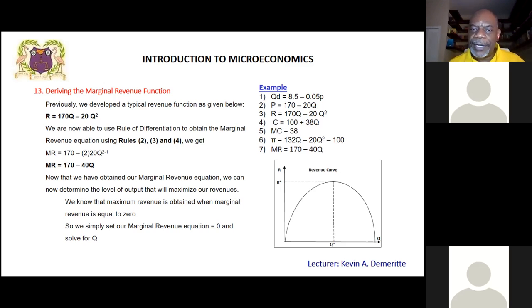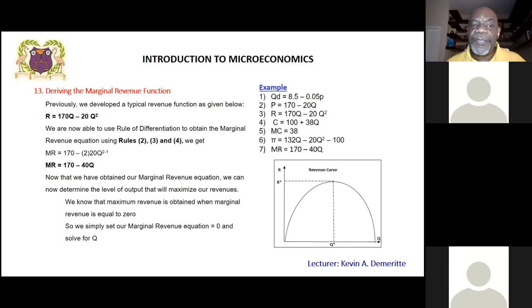Rule number 2, however, says if you have in your function a number and a letter together, 170Q, in that case, you can deal with that one piece first by using rule number 2. And rule number 2 says, if you're trying to find the slope of the curve with respect to that one little piece, you just need the number all by itself. So the marginal revenue or the slope of the revenue curve with respect to 170Q is 170.